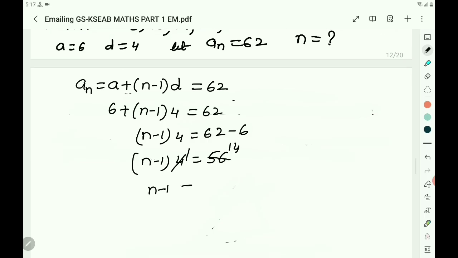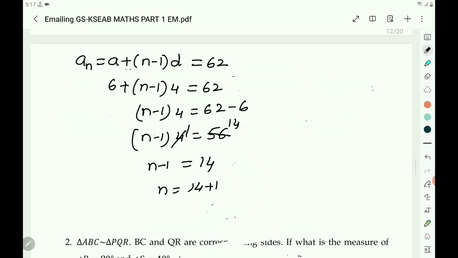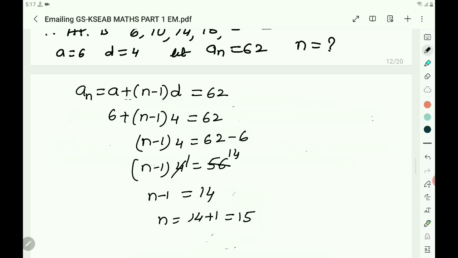Then n minus 1 equals 14. N equals 14 plus 1, which is 15. 62 is the 15th term.